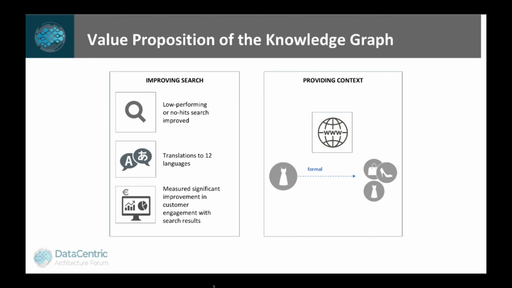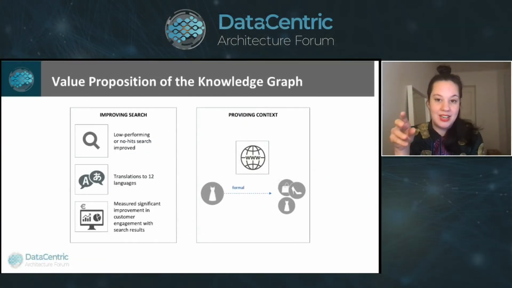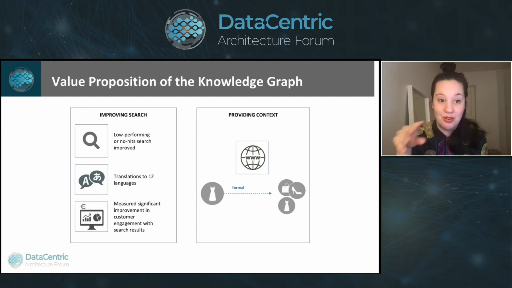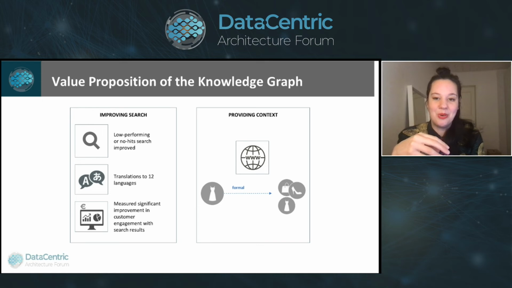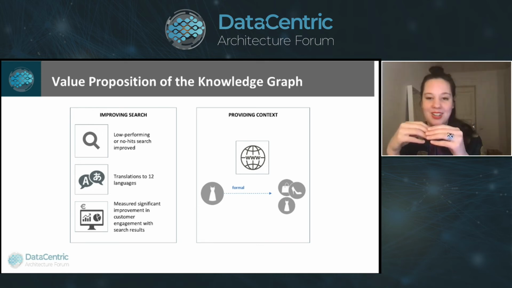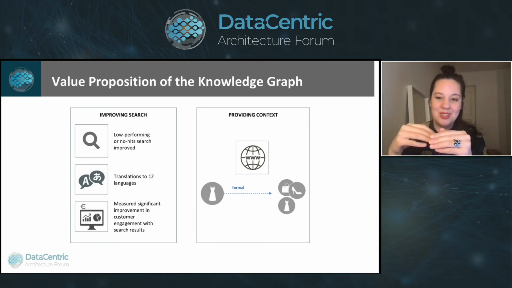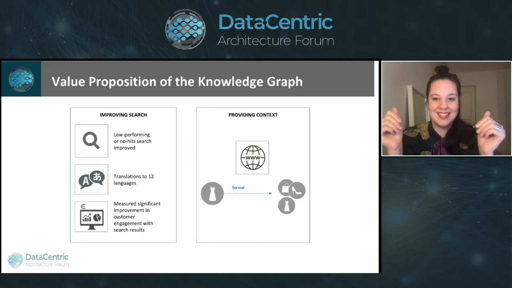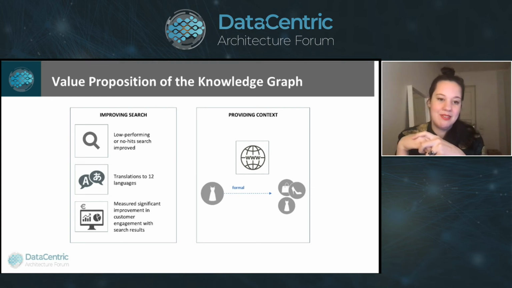And we have shown that with just a handful of really well-defined fashion concepts, we can definitely improve a lot of search results for a lot of customers. And then all of this is translated to 12 languages. So we're also constantly monitoring our customers throughout different language domains and catering to those specifically.